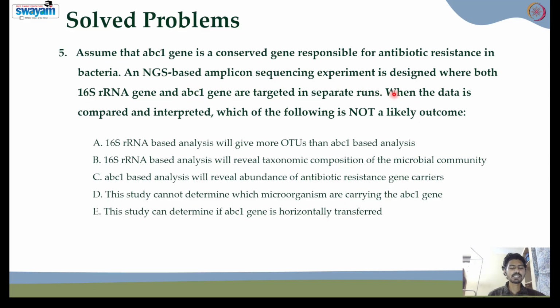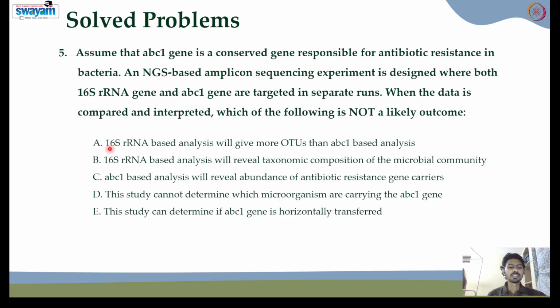When the data is compared and interpreted, which one of the following is not a likely outcome? First, understand the question, read the question twice or thrice, and then answer it. Among these statements, which is not likely an outcome.